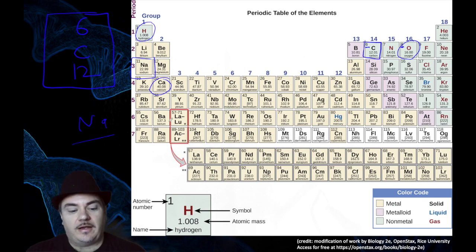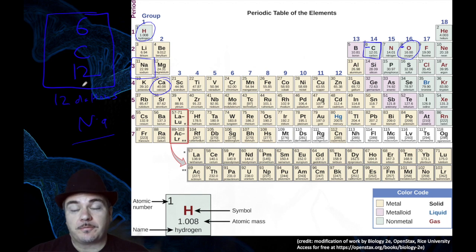Okay. All right, so we have the atomic number, we have the atomic symbol. Then underneath that, what you have is the mass. Okay, remember the mass is how much one atom weighs in Daltons. So for example, one carbon atom will weigh 12 Daltons, or 12 AMUs. Remember, that's the same thing. That's how much one single carbon atom weighs.